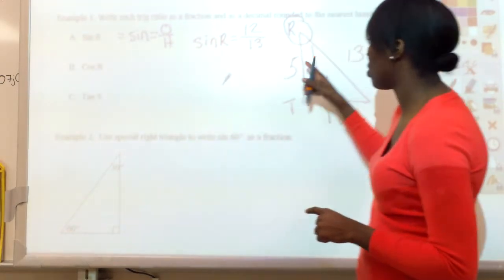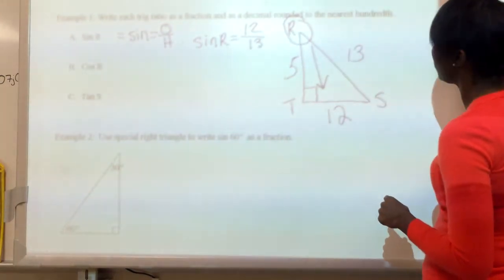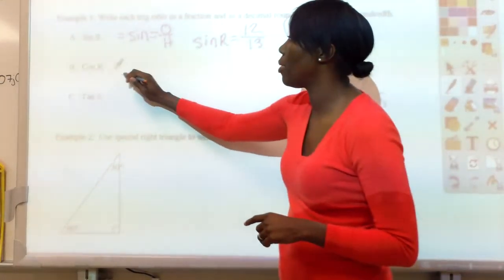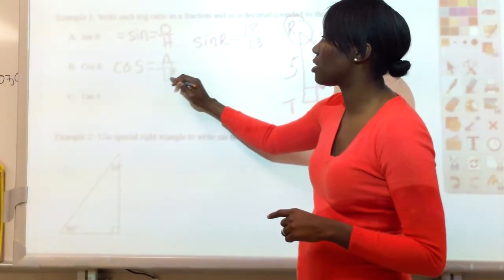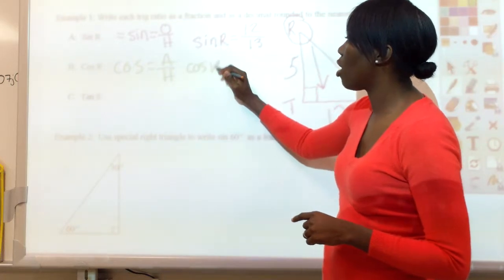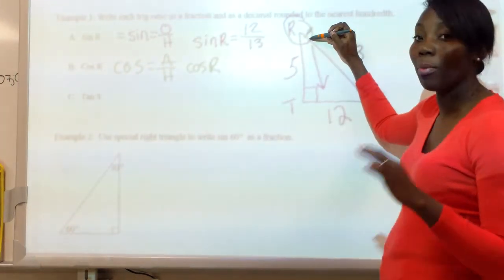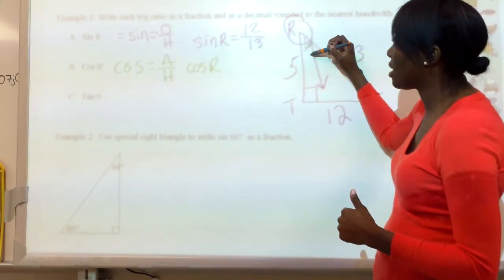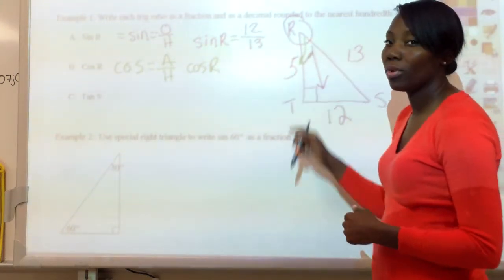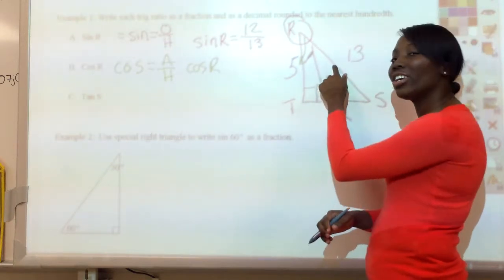Cosine of R. We're at R now. Cosine, if you remember, or if you look above, is adjacent over hypotenuse. So for the cosine of R, remember, adjacent is right next to it. The adjacent side would be 5. Some of you might ask, why is 13 not adjacent?